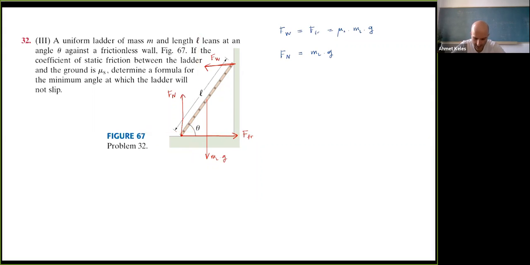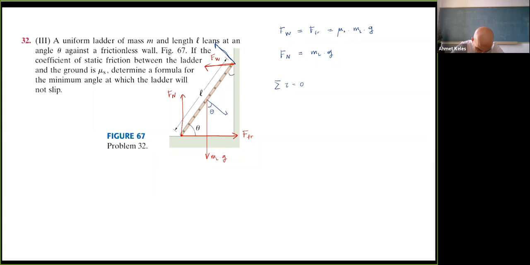And last thing is obviously torque. And I'll calculate the torque with respect to this point. And let's do this. Torque should be 0. Then, okay, I need to do a little bit of geometry. So this angle, if this is theta, this is theta. And this one is what? I feel like this one should also be theta, right?